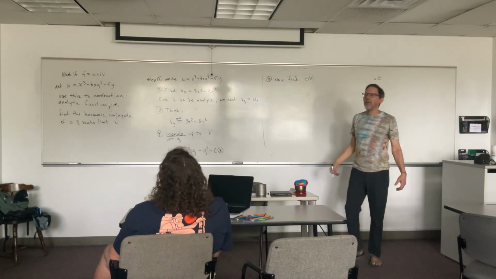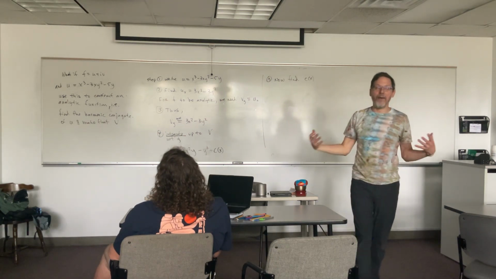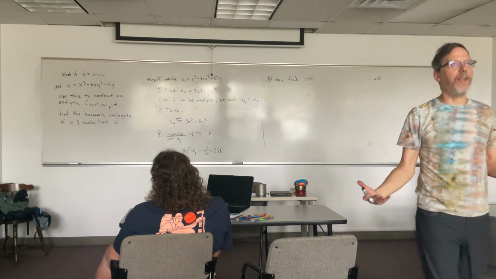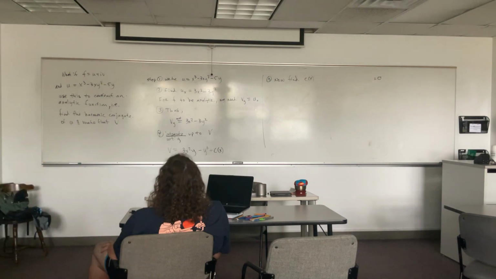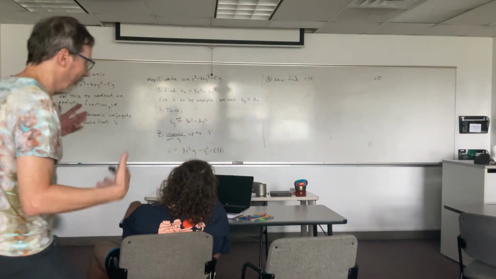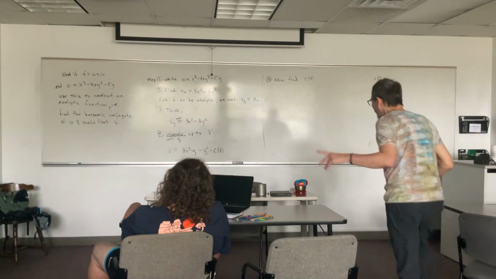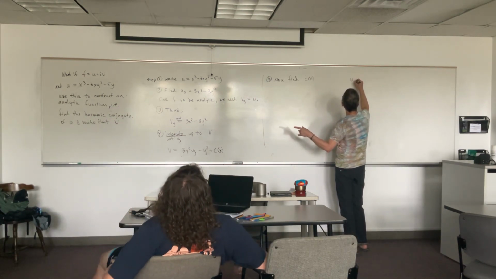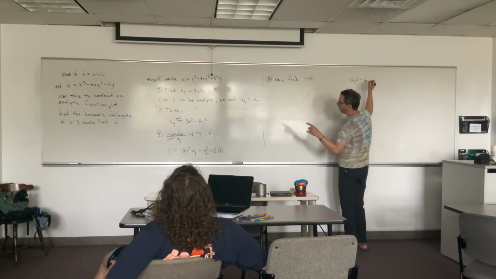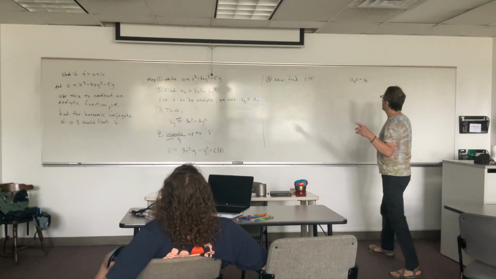What other piece of information haven't I used from complex analysis in the last week? I used it already, but I haven't used all of it. The rest of the Cauchy-Riemann equations. So let's write that up here. That is u with respect to y equals negative v with respect to x.